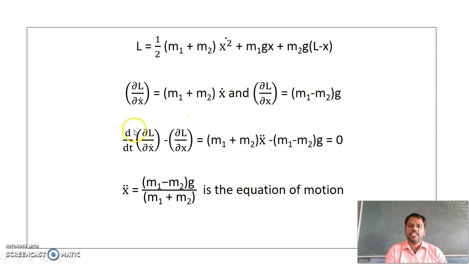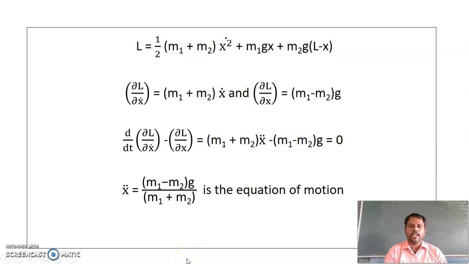Substituting in the Lagrangian equation, that is d by dt of dou L by dou x dot minus dou L by dou x, we get m1 plus m2 x double dot minus m1 minus m2 into g equal to 0. On rearranging these terms, x double dot will be equal to m1 minus m2 into g divided by m1 plus m2. This is the required equation of motion for Atwood's machine.